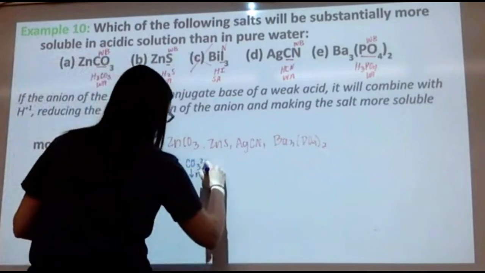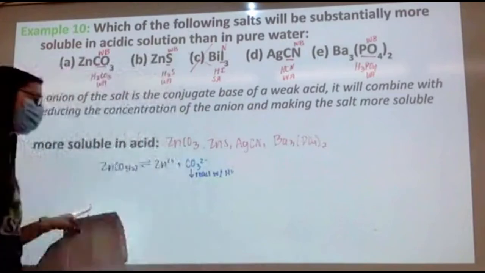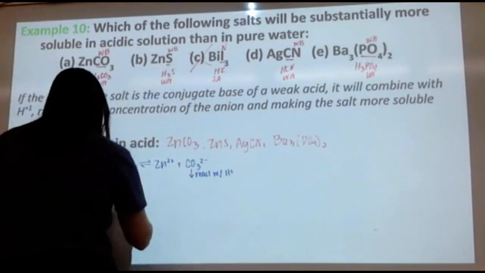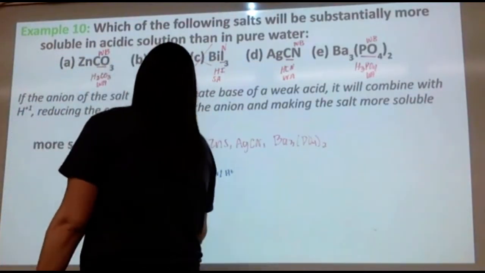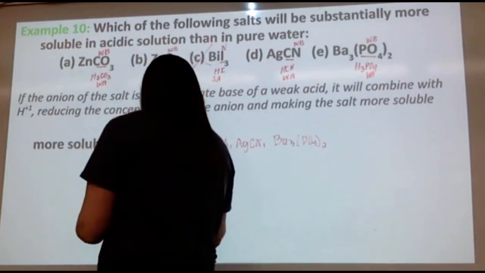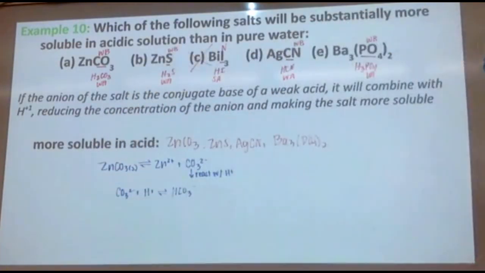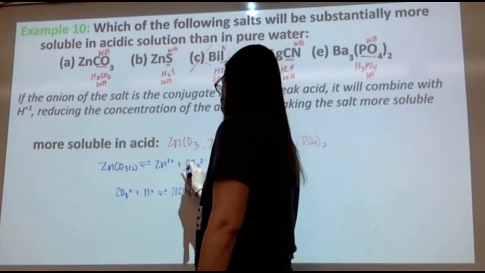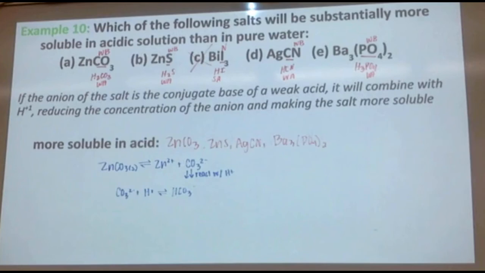Well, CO3 2 minus, because it's a base, will react with H+. So what we will actually have is CO3 2 minus reacting with H+ to create HCO3 minus, and then we can add another H+ to create H2CO3. But as carbonate is reacting with H+, we are reducing the amount of CO3 2 minus in solution.